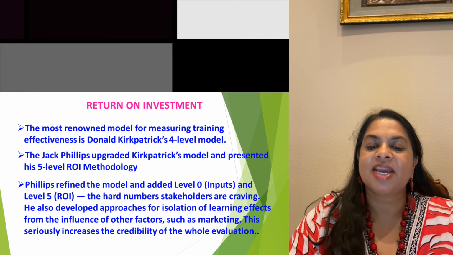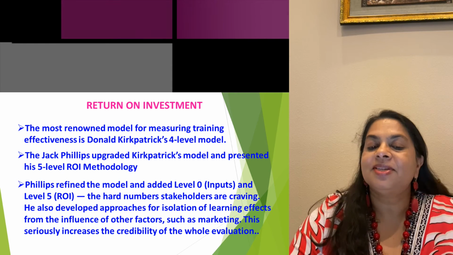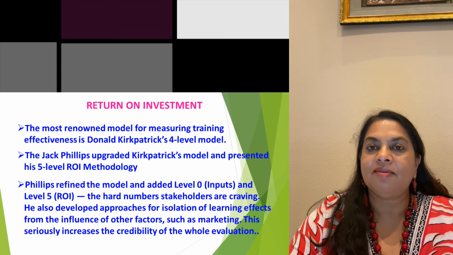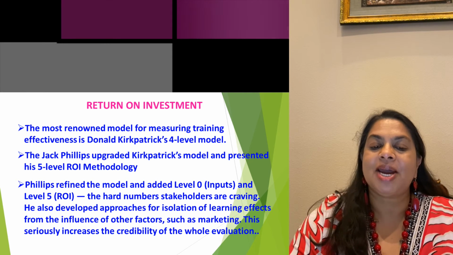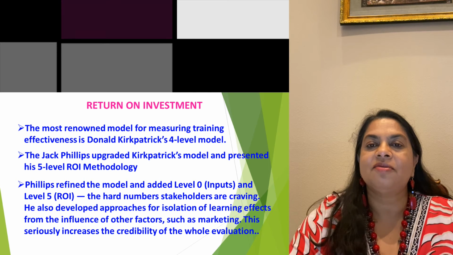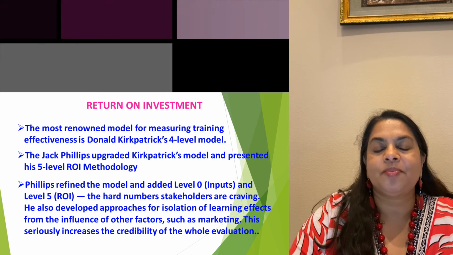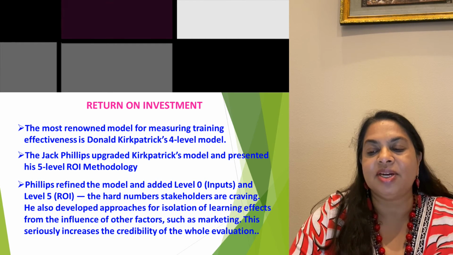These are the hard numbers stakeholders are craving. He also developed approaches for isolation of learning effects from the influence of other factors, such as marketing. This seriously increases the credibility of the whole evaluation.